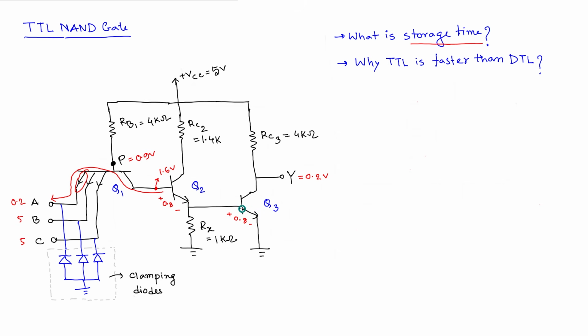As a result, whatever charge is stored here can be quickly dissipated through this resistor. But you can also see the resistance value here is quite lower compared to the one we saw for DTL. Here we can use that because of the circuit configuration. As a result, the overall configuration switches much faster compared to DTL.